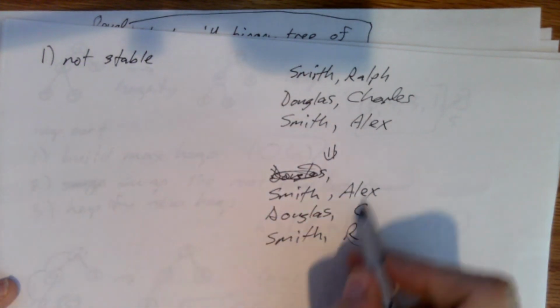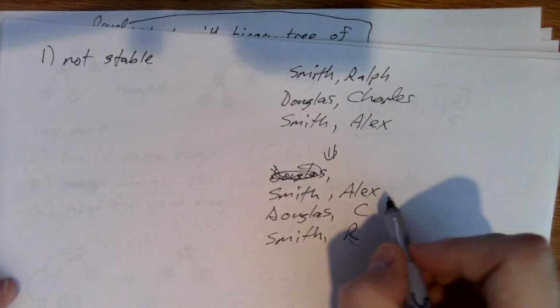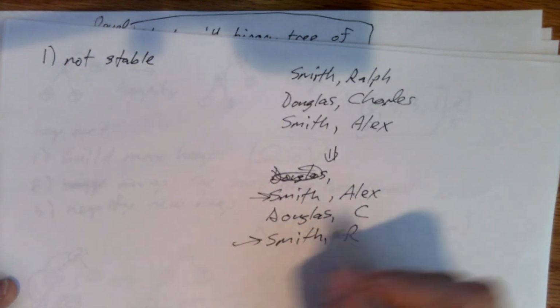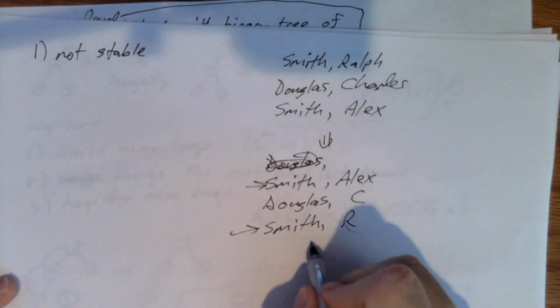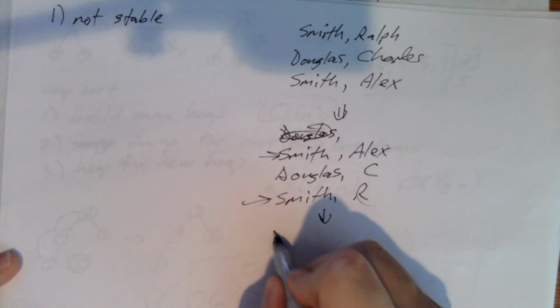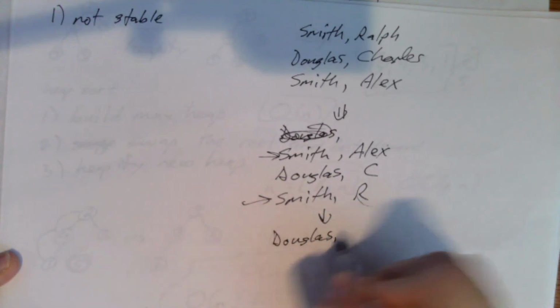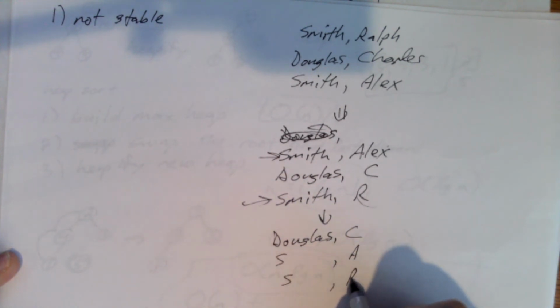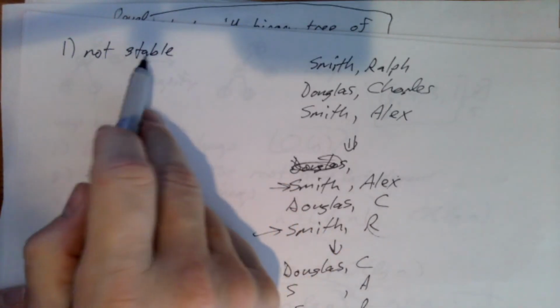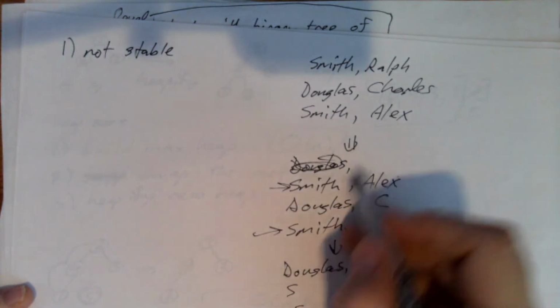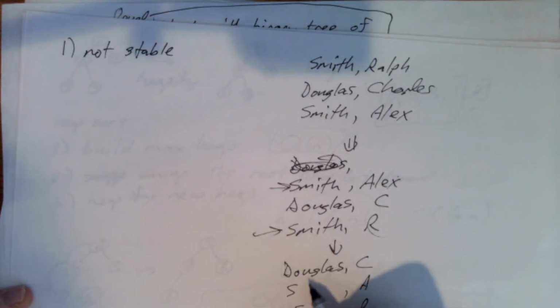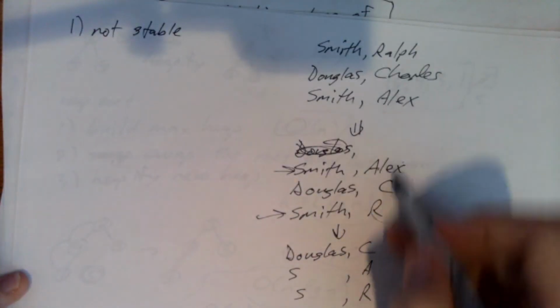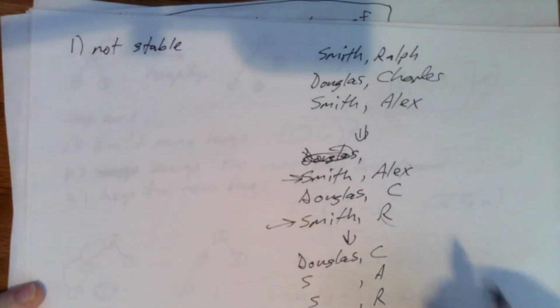Now if we sorted by last name using a stable sort, because this came before this, it would remain above that. So the final result would be Douglas, Charles, Smith, Alex, Smith, Ralph. If the sort is not stable, it won't necessarily maintain that. We still could get the correct order of the last names, but we may have lost the order for the first names. So if you need a stable sort, don't use heap sort.